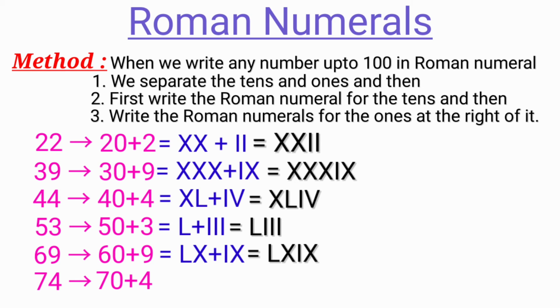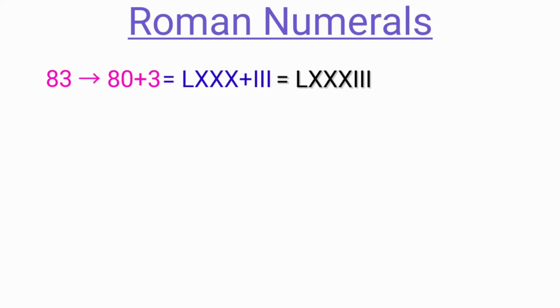For 70, we will write LXX, and for 4, we will write IV. We get LXXIV. Next is 83. Split 83 into tens and ones, that is 80 plus 3. For 80, we will write L and 3 times X, and for 3, we will write 3 times I. We get LXXXIII.